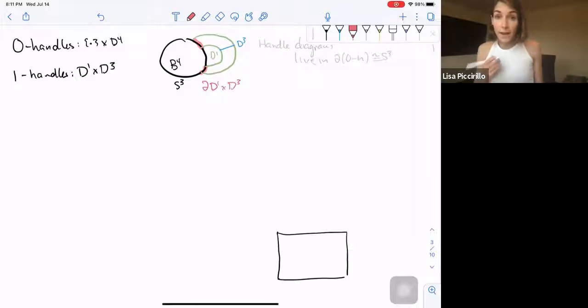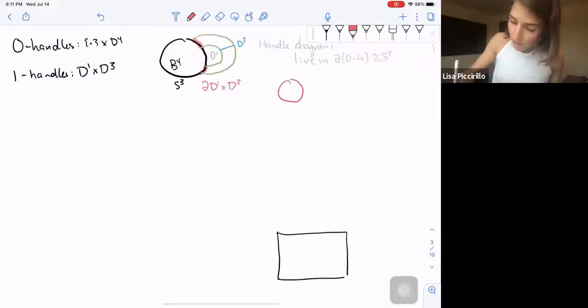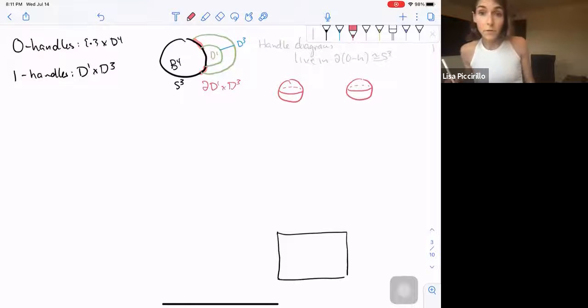So if you want to draw a handle diagram of a 4 ball union a one handle, what you should draw is nothing for the 4 ball. And then you want to draw these feet. And what are they? That's an S0 cross D3. So that's 2 3 balls. So this is what a handle diagram of a one handle attached to the 4 ball might look like.